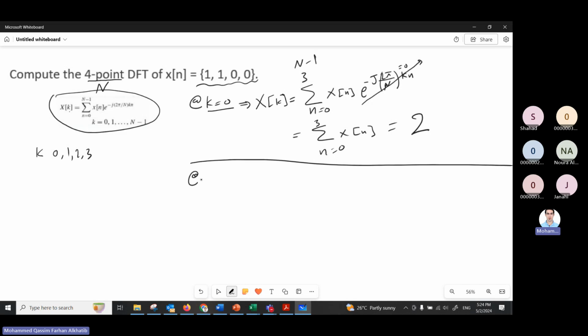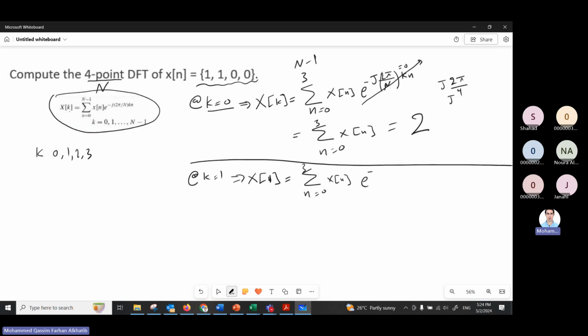Now at k equal 1, I will have X of 1 equal to the summation from n equals 0 to 3 of x of n e to the power minus j 2 pi over 4, because N is 4.